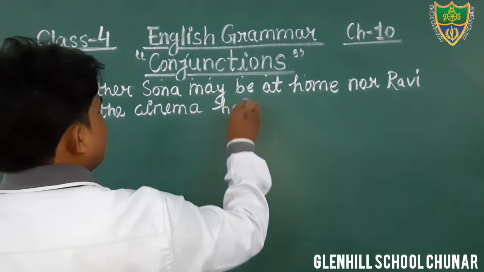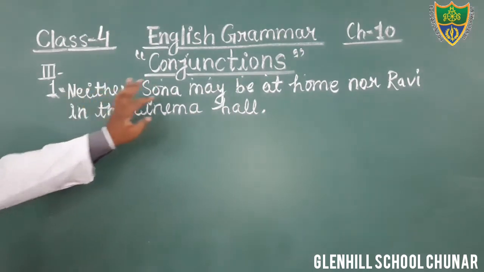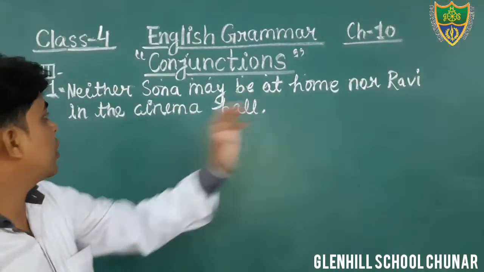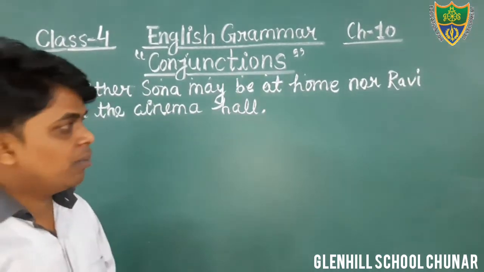Okay, students, just write down this sentence in the given space. Neither Sona may be at home nor Ravi in the cinema hall. Okay. Come to the next question.